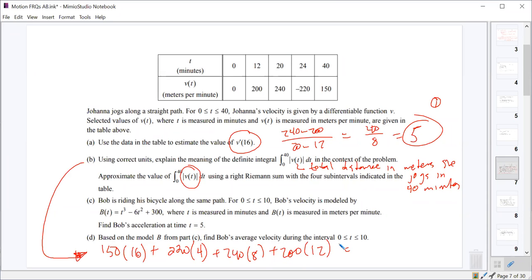Okay, people at home, did any of you get an answer for part B? Okay. Somebody add this all up and tell me what you get. I got 5,820.